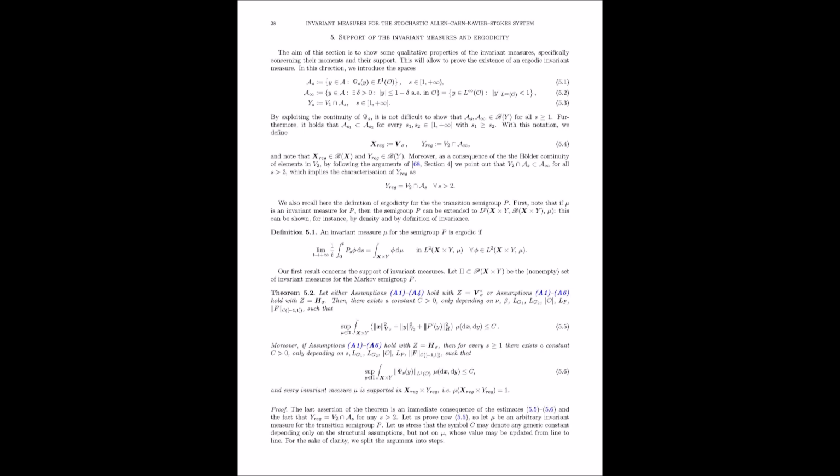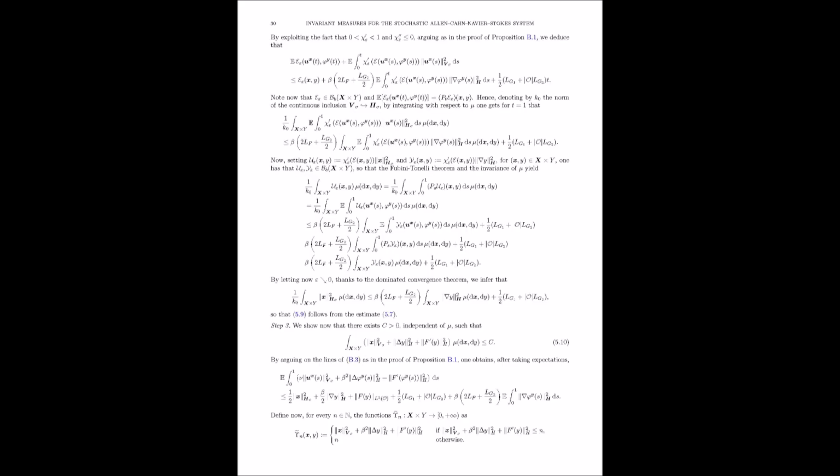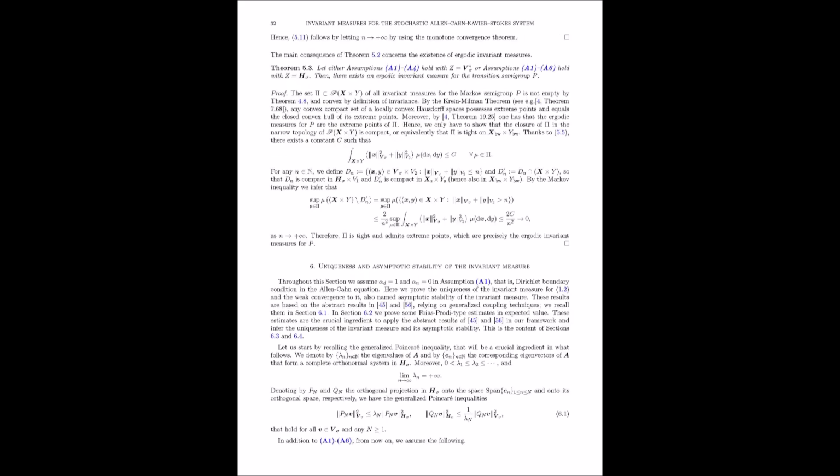So instead of having to watch the system forever, we can just look at the average over all its possible states to get a sense of its long-term behavior. Exactly. And that's incredibly valuable when you're dealing with systems that have randomness baked in. Now, Theorem 5.3 specifically states that under certain conditions, there exists at least one ergodic invariant measure for the stochastic Allen-Cahn-Navier-Stokes system.